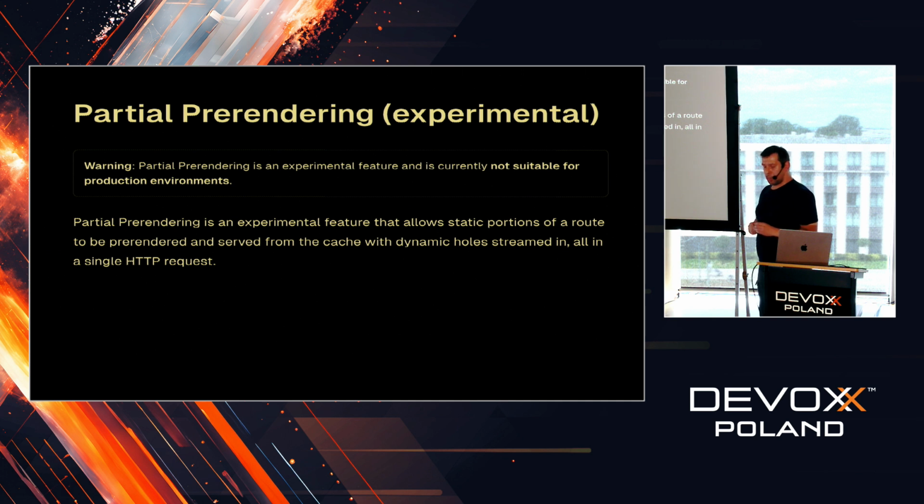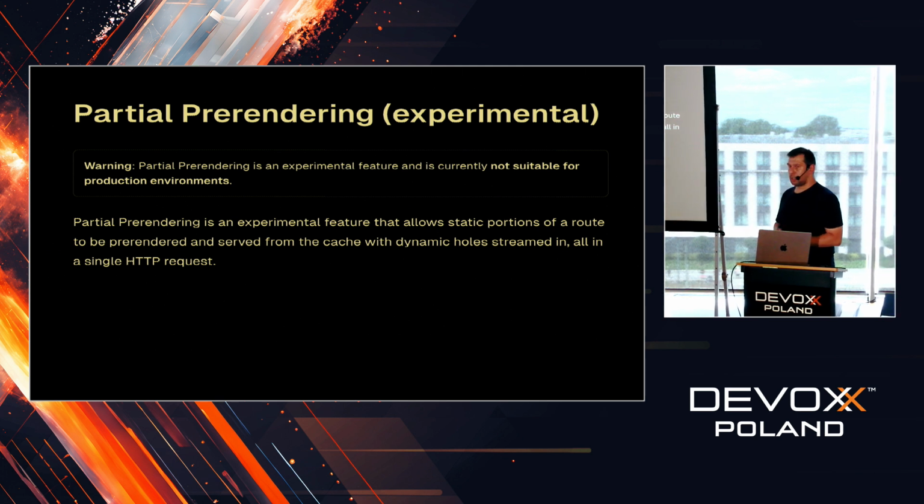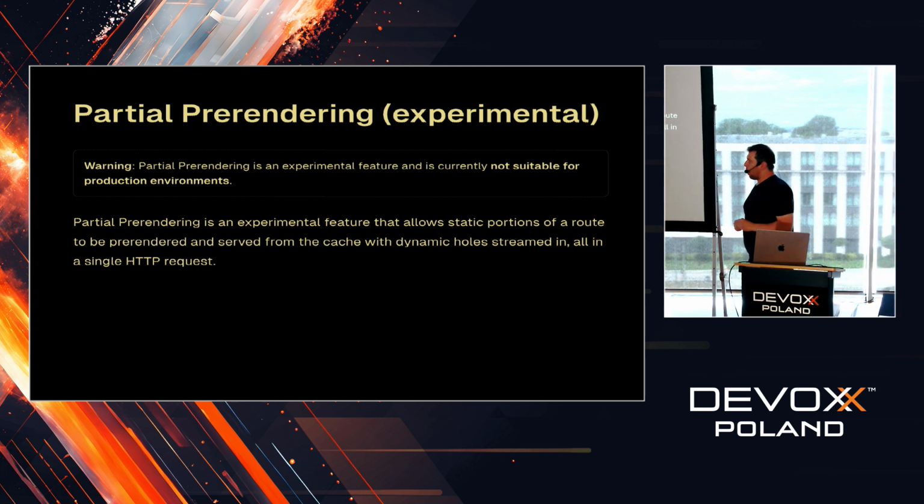Partial pre-rendering is a feature that allows static portions of a route to be pre-rendered and served from the cache, for example, and dynamic parts, which may be an island or maybe React components, will be streamed, but all in a single HTTP request.